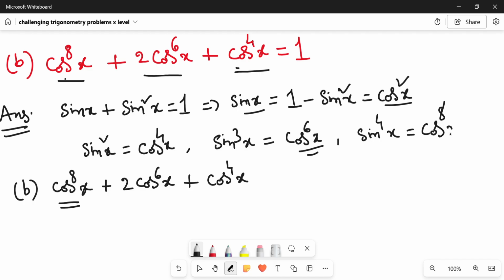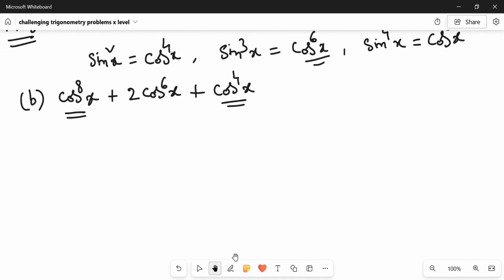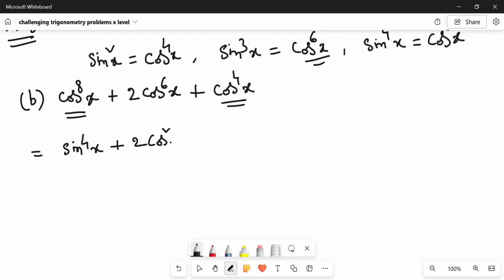So I can keep writing this relation just by squaring, cubing and taking it to the power 4. How does that go? Cos power 8x I can replace with sin power 4x, plus 2 into cos square x into cos power 4x, since cos power 6x can be written as cos square x into cos power 4x.